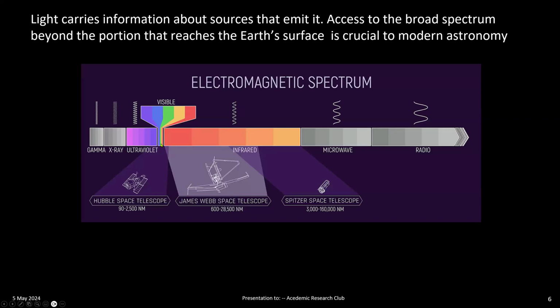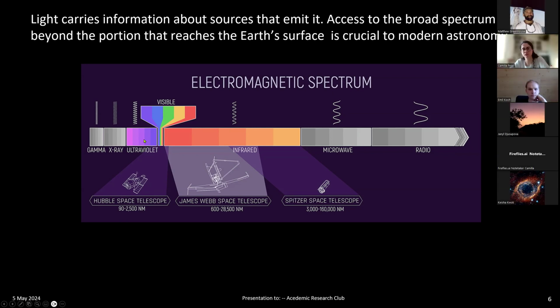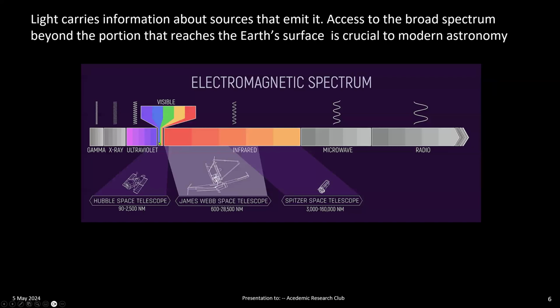Most of it does not reach the surface of the Earth, which is good for us because some of it's harmful. Shortward of the violet part of the spectrum is the ultraviolet. Our eyes cannot see ultraviolet light, but our skin can be burned by it if you stay at the beach too long. Longward of the red part of the visible spectrum lies the infrared.